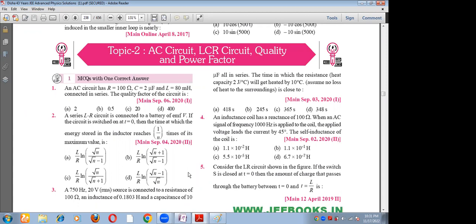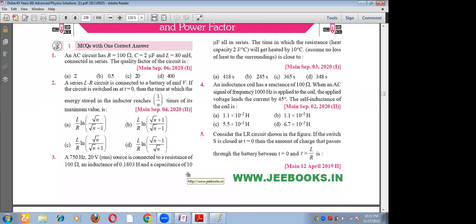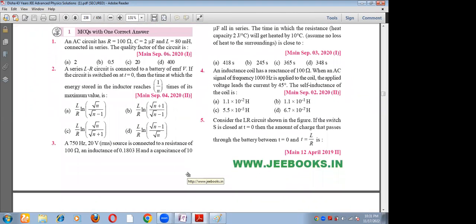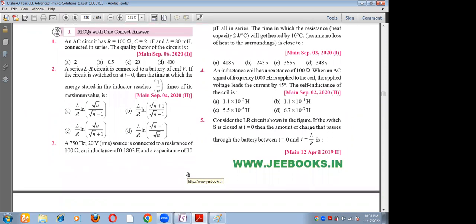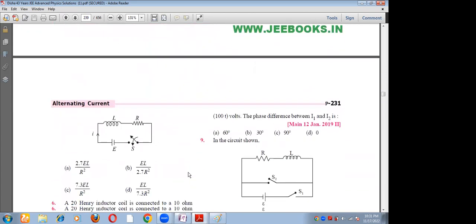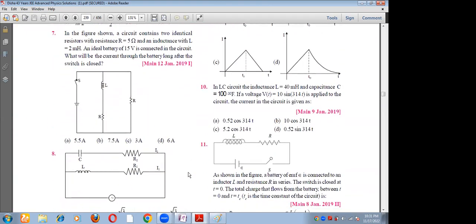Take the 4, leave questions 2 and 3. Take question number 4 as homework. Take the screenshot and click a photo also. Number 4. We will discuss this.